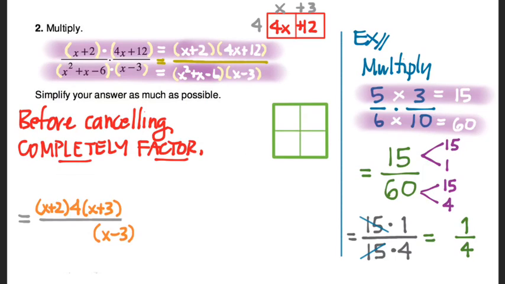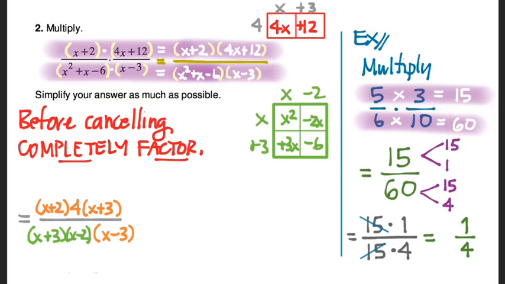So get that written in here. X minus 2 times x plus 3 does give me x squared plus 3x minus 2x minus 6. And that's the factorization that we want. X plus 3, x minus 2.